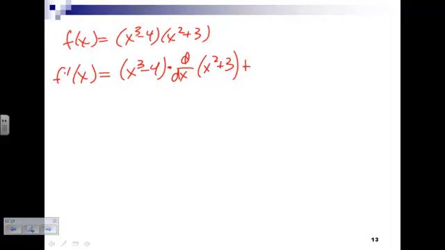Plus the second times, I guess I don't really need a parenthesis there, times the derivative of the first.